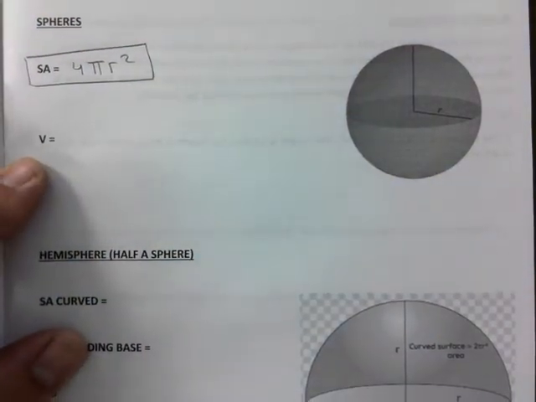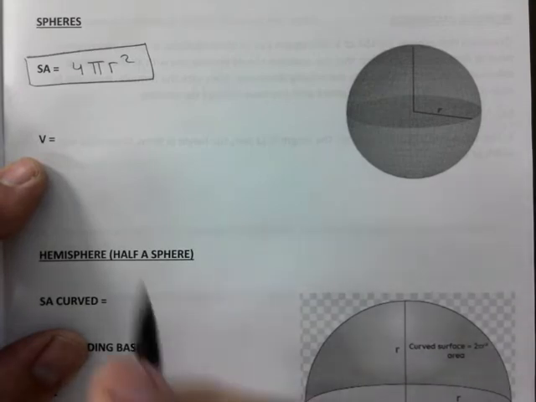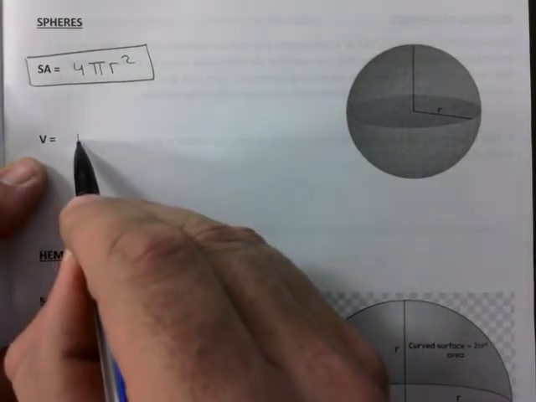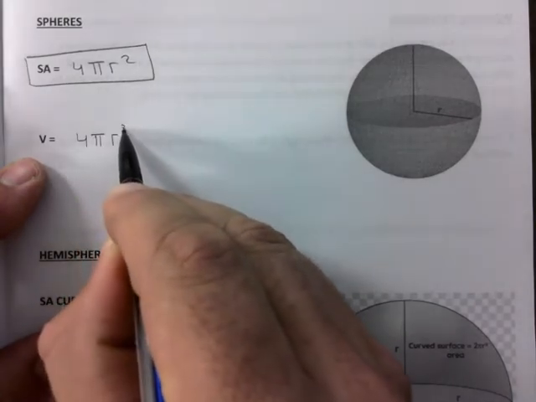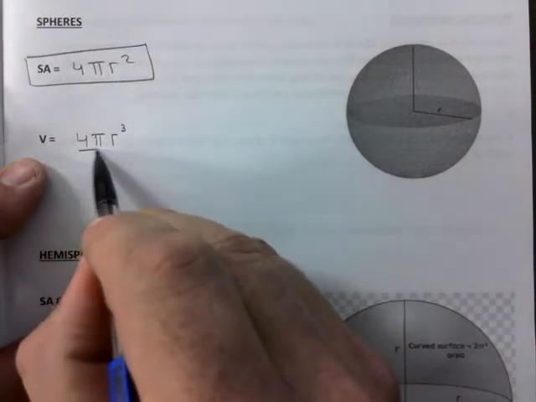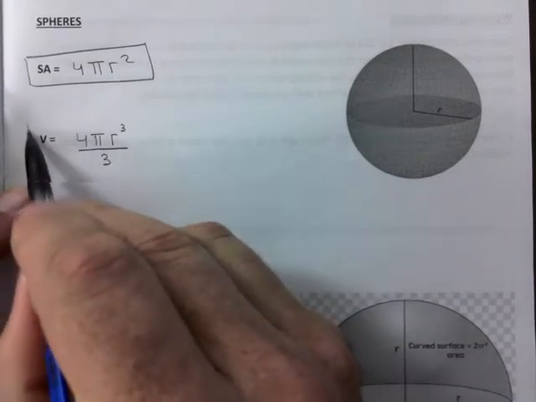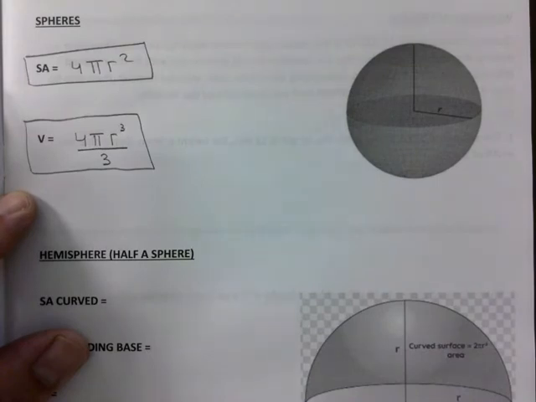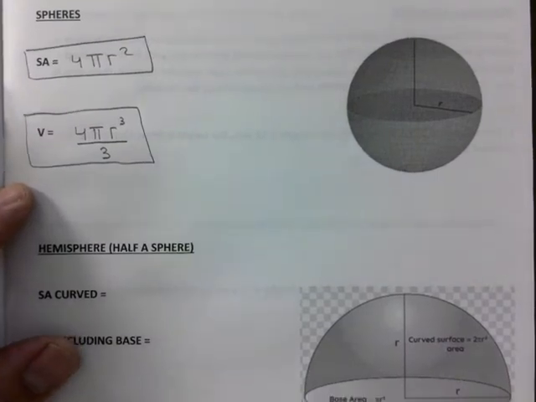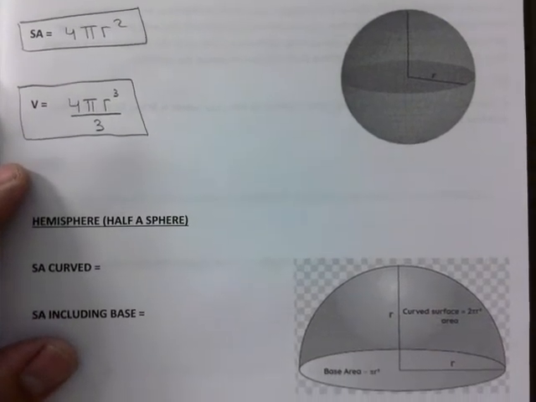Why would you know that if you're never using it in real life? The volume is 4 pi r cubed, very important, divided by 3.